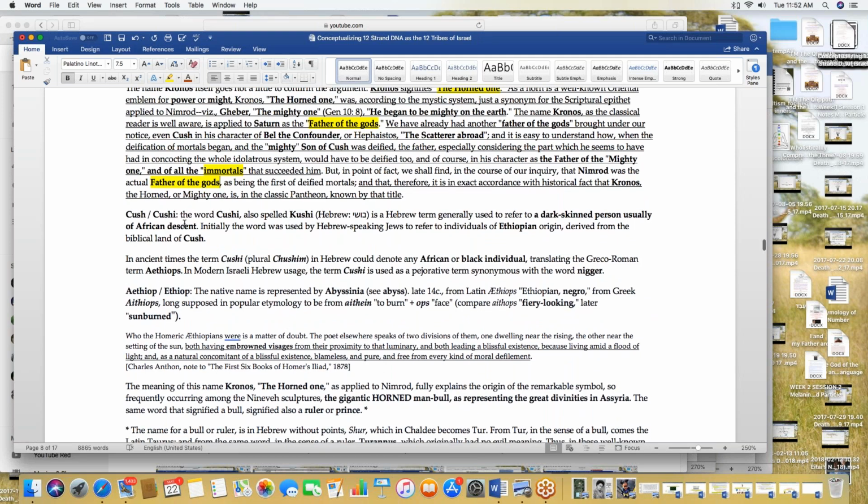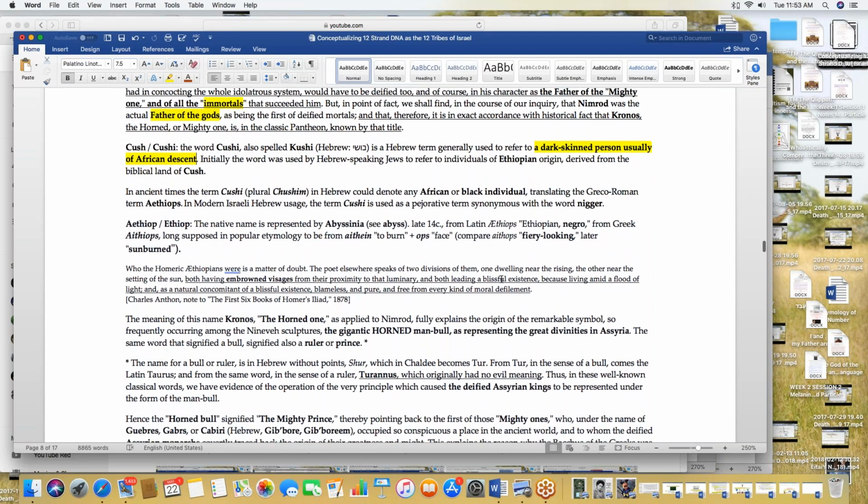The word Cush, or Kushi, or Kushim, also spelled with a K, K-U-S-I, is a Hebrew term generally used to refer to a dark-skinned person, usually of African descent. We're going to bring this right back up into our present moment so that we can identify with this family. Initially, the word was used by Hebrew-speaking Jews to refer to individuals of Ethiopian origin, derived from the biblical land of Cush.